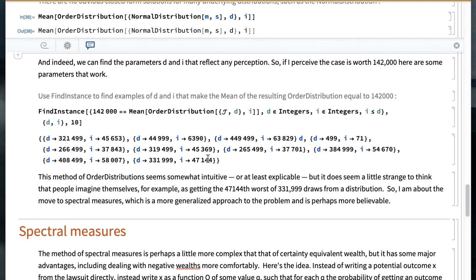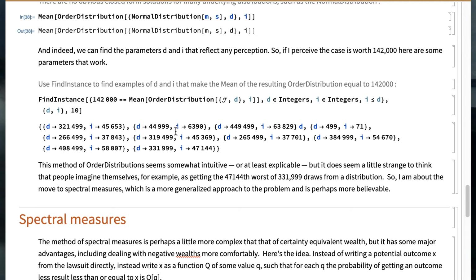But we can also work backwards. Supposing I think the case is worth $142,000, and I do still believe that it's subject to the distribution J. Are there certain numbers of draws and certain numbers of worstedness that would let this be true?